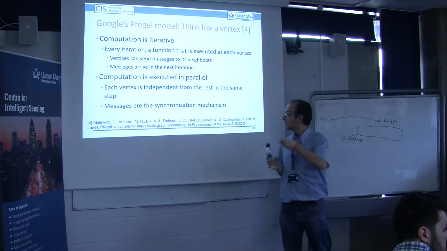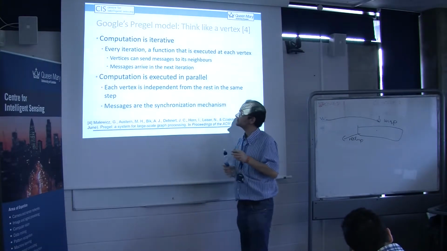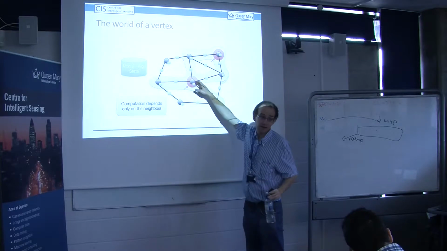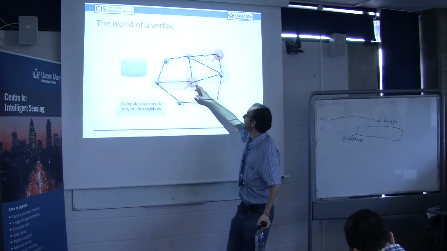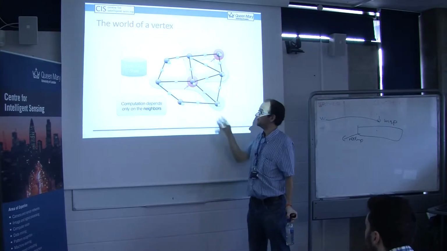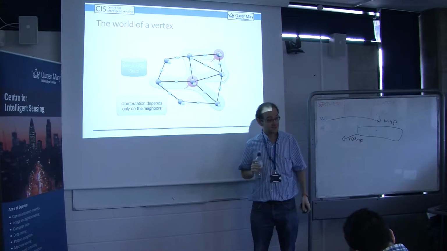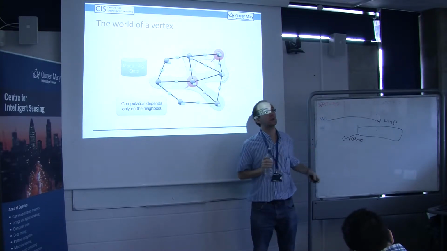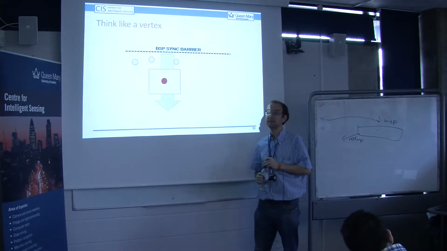So I will have a set of iterations, and in each one of those iterations each vertex can send, communicate and transfer any type of information to its neighbors. And when the next iteration of my computation starts, those messages will have arrived at the destination.